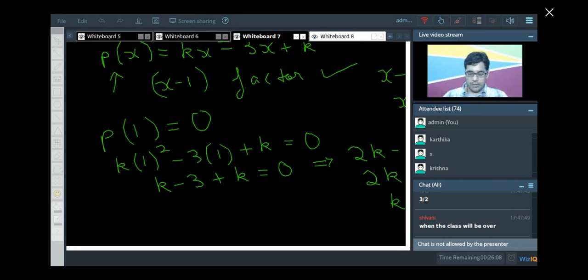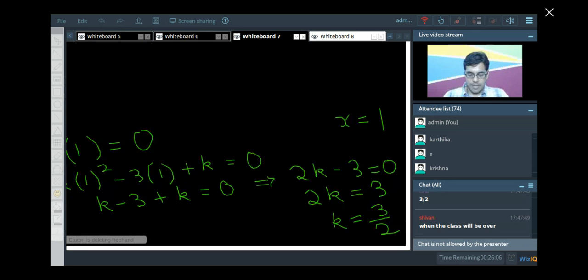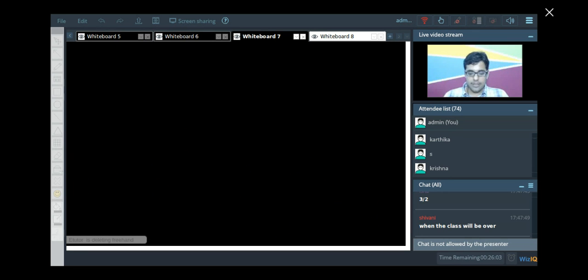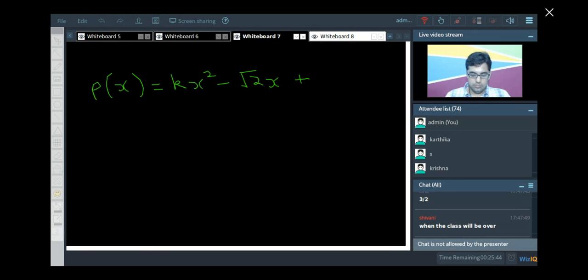Next question is now displayed in front of you. The question is given as p of x equals kx square minus root 2x plus 1 here, and then it is given that x minus 1 is a factor of this given polynomial.